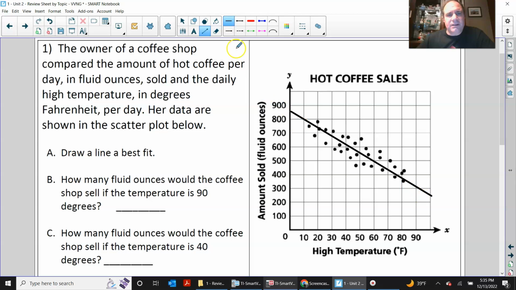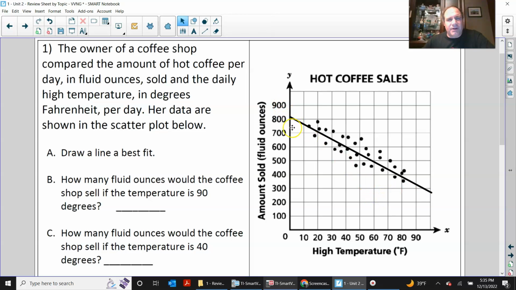Make it start at the y-axis and just go through the center of all the points as best as you possibly can. That is just a little bit above 800 on mine. So I actually could move it up just a little bit, like right about there and right here. That goes through the center of all the points.